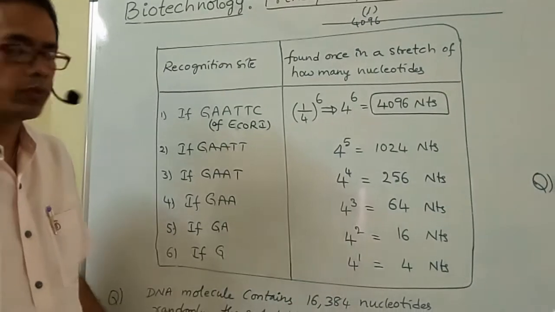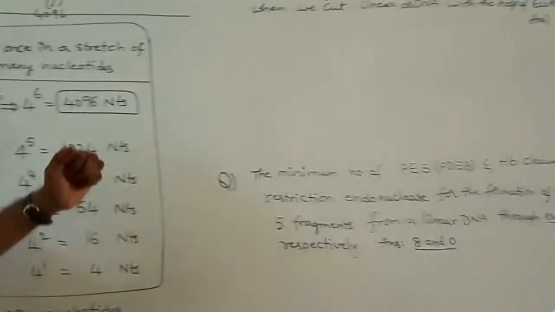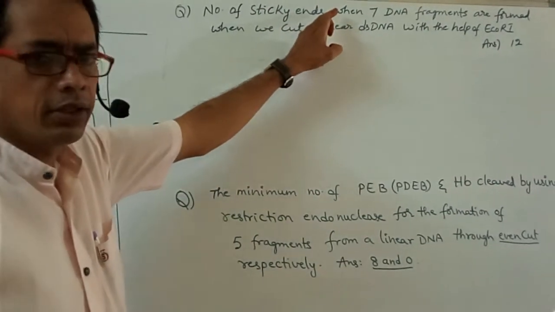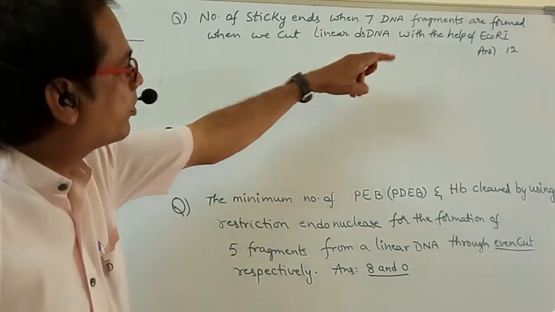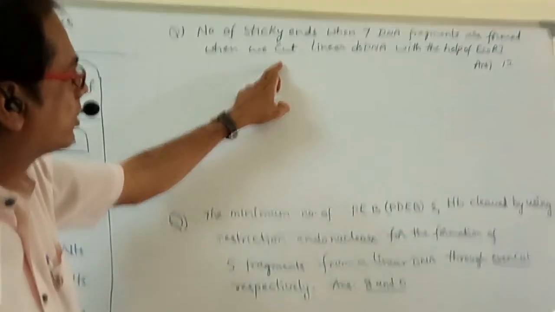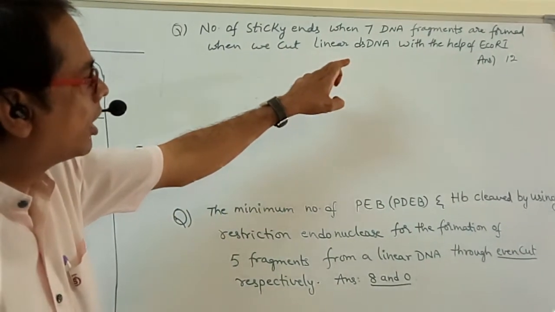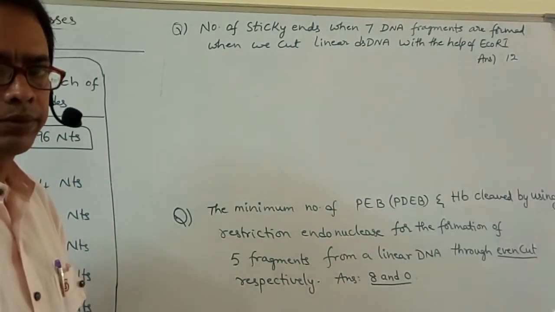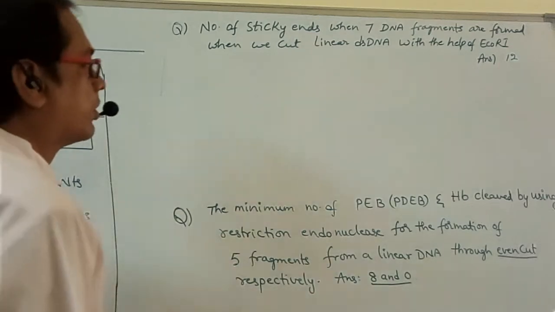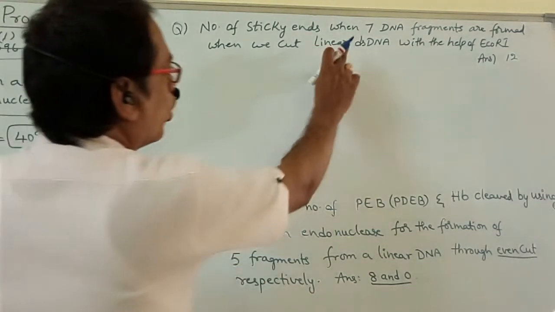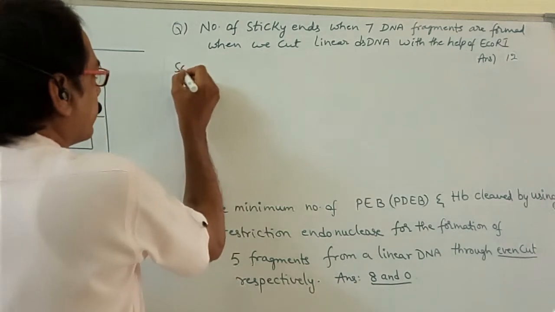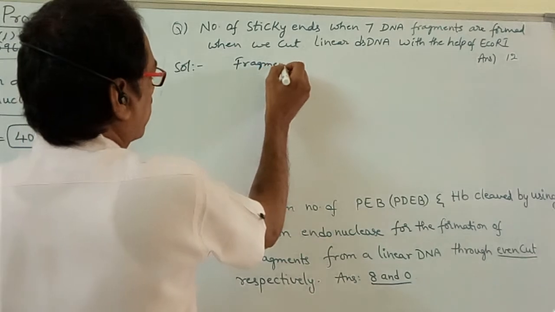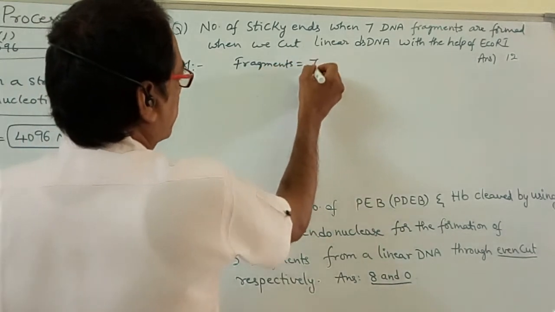Right. Look at here, my dear students. Number of sticky ends when 7 DNA fragments are formed when we cut linear double stranded DNA with the help of EcoRI. See, how many DNA fragments are given? Fragments is equal to 7.